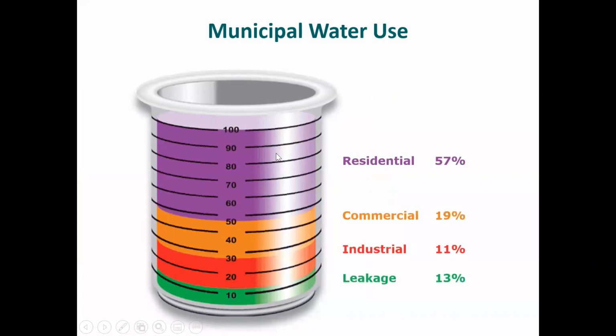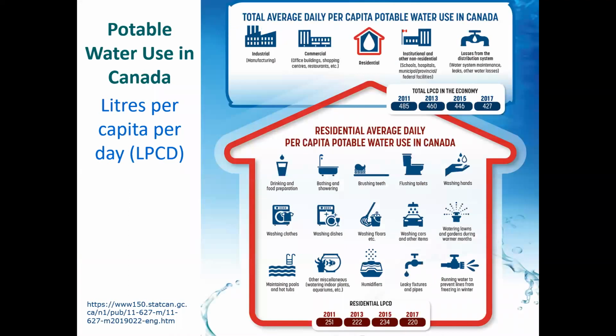So municipal water use, okay? We can break that down, and the majority is, of course, residential. And this is what we want to talk about a little bit here. What are we using water for in the house? I know most people are thinking certain things, right? You've got toilets, dishwashing, laundry, food, those kinds of things.